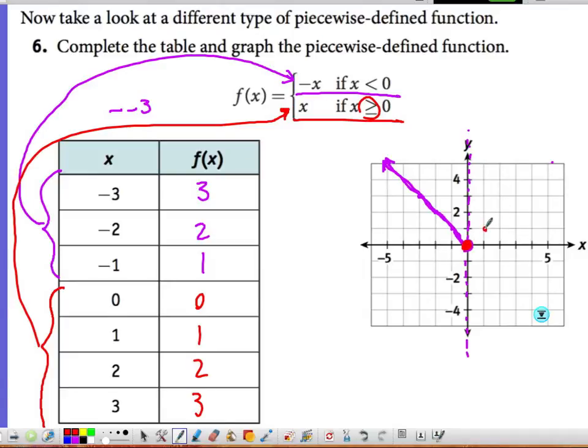And notice I keep going and continues that pattern, so I basically draw an arrow. So here's my piecewise defined function here. This is called the absolute value function, which has the shape of a V.